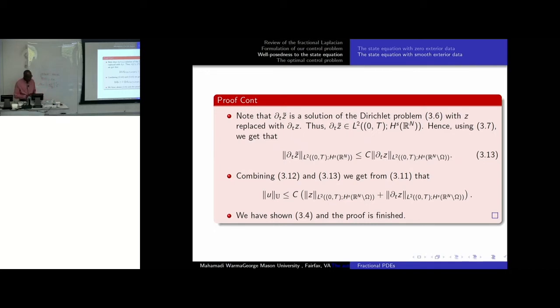For other boundary conditions, one can turn around and come back to use some kind of semi-group theory, but you cannot directly apply it for the Dirichlet. If the given data is nice, you make a lifting argument. If it's not nice, you have to find a way.